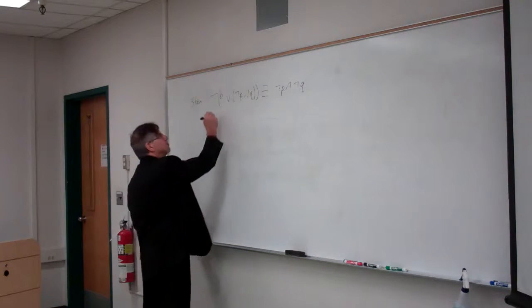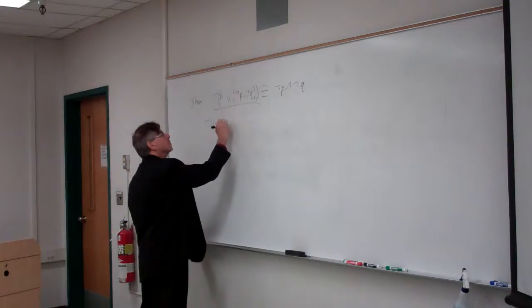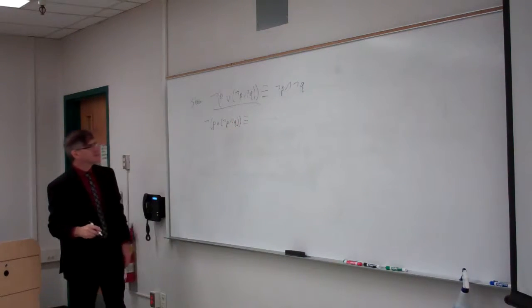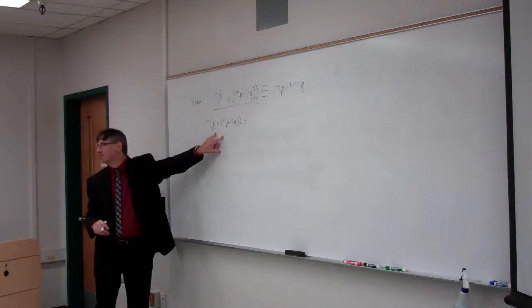Let's start off with just this side. And by De Morgan's theorem, the negation of an or is the and of the two negations.